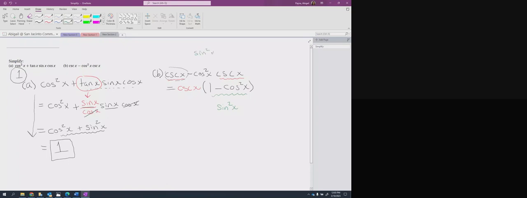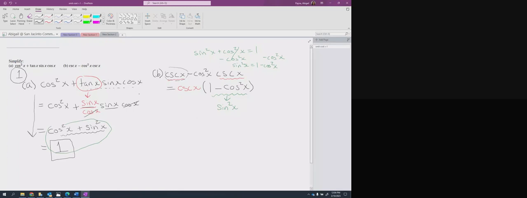If you just know this Pythagorean identity, sine squared plus cosine squared equals 1, and you move the cosine squared to the other side with the 1, then the cosine squareds go away here, and you have just sine squared is equal to 1 minus cosine squared. So the identity that I'm using in this step right here is just another version of the identity that I used right here, cosine squared plus sine squared equals 1. It's just another form of that equation.